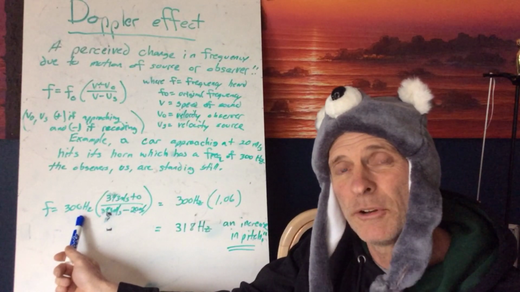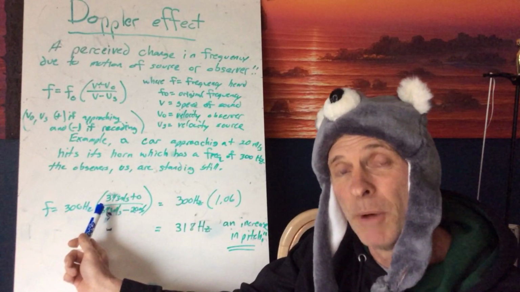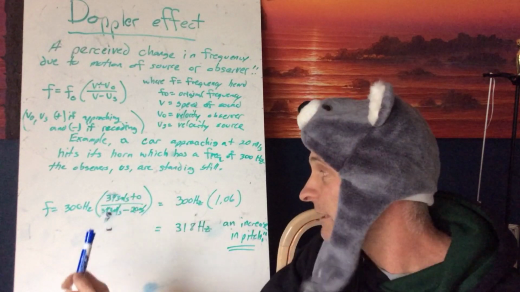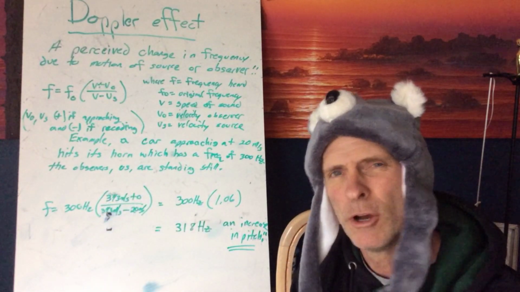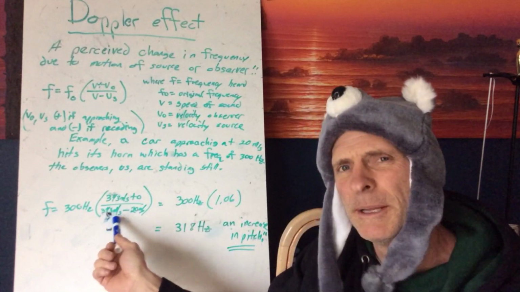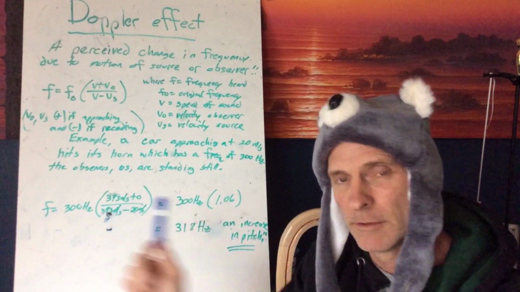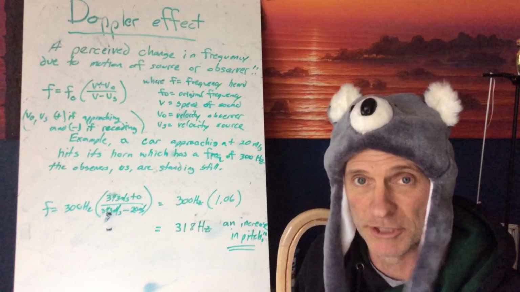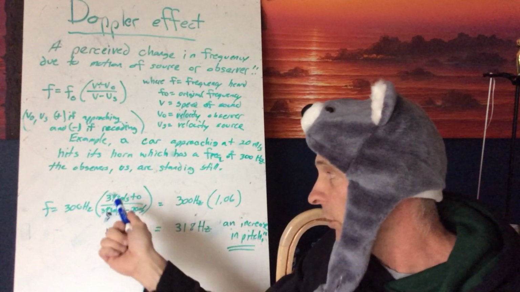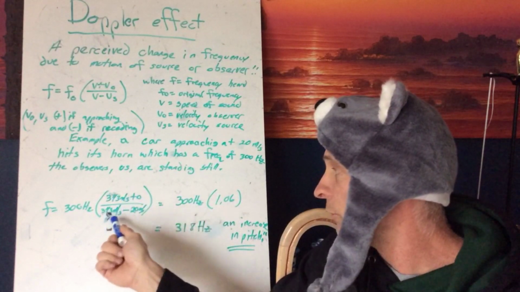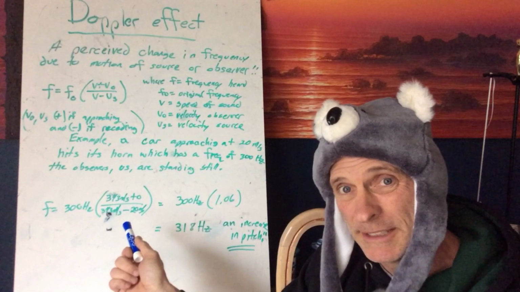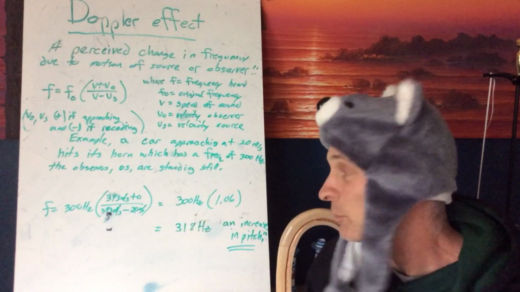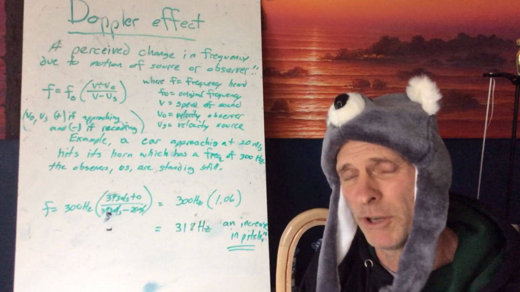F equals 300 hertz times the multiplier 343, which is the speed of sound, plus 0 on top, over 343 minus a positive 20. Remember, the car, the source, is approaching. So 343 over 323 will actually give you a multiplier of 1.06. So that's what this whole thing in parentheses is, 1.06.